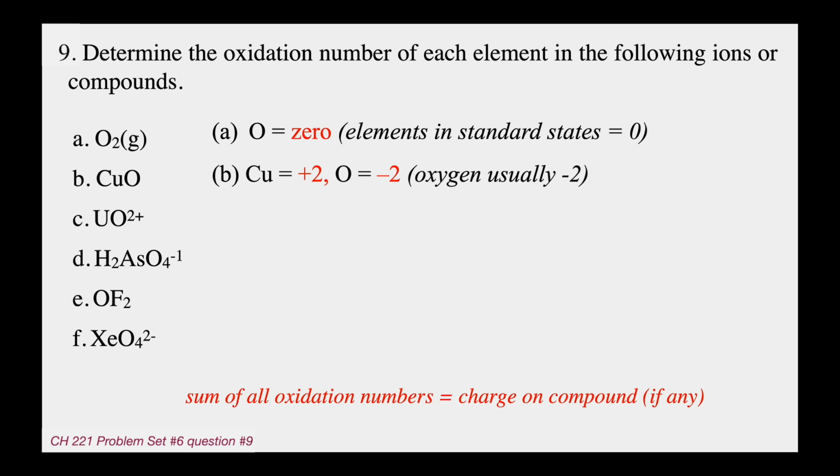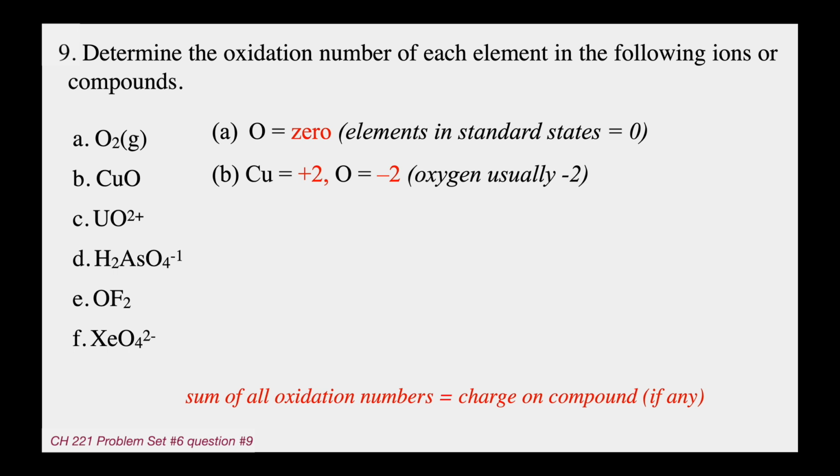So while on the last one, copper's oxidation number plus oxygen's oxidation number equals 0 because it was neutral, here the uranium's oxidation number plus the oxygen's oxidation number equals +2. It equals the charge on the compound, if any, and this one has a charge. Now, oxygen, we saw again, -2 almost all the time.